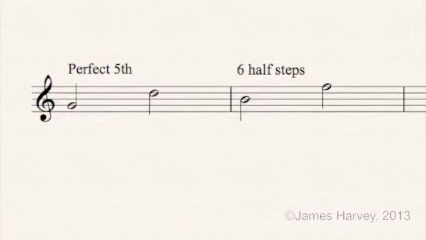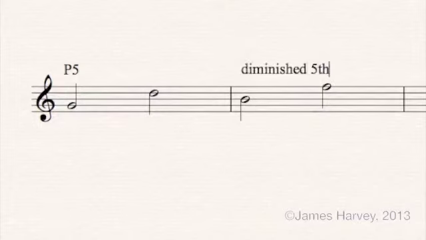The perfect fifth is abbreviated P5, and this kind of fifth was 1 half step smaller than a perfect fifth. Now remember, augmented means made larger. To make a perfect interval smaller, you need to diminish it. So this becomes what's referred to as a diminished fifth. The diminished fifth can be abbreviated in this way. This is the way that I prefer, d5, and I use a lowercase d.